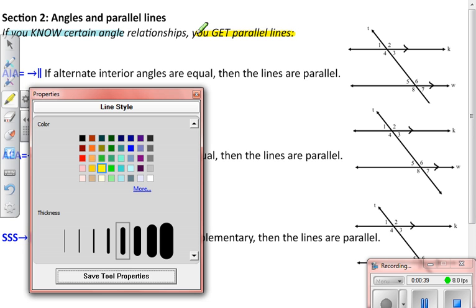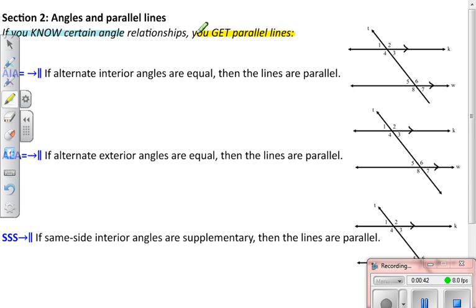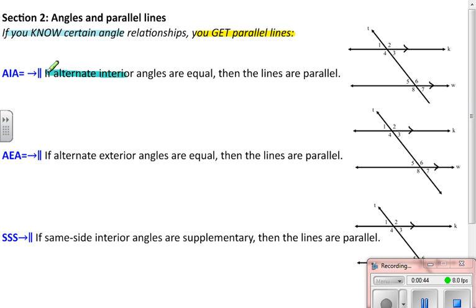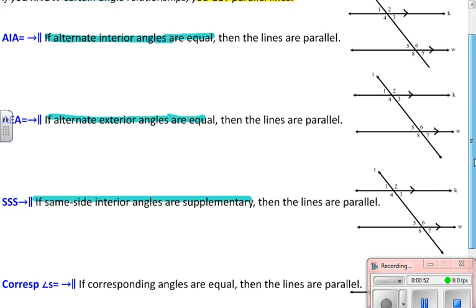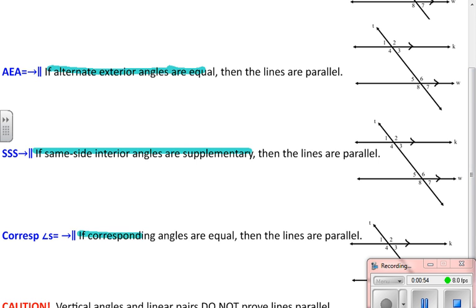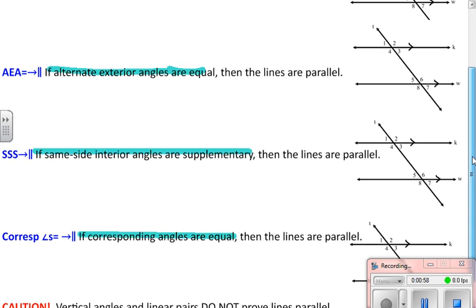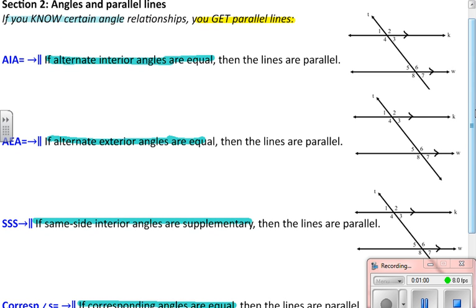So in these situations, we are going to start with knowing the angles. We are going to know the angle relationships every time when we start. Knowing that angle relationship is going to give us certain things. And in this case, if you know the angles, it's going to give us the lines are parallel.